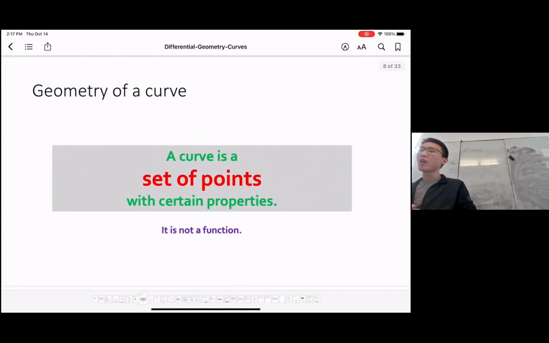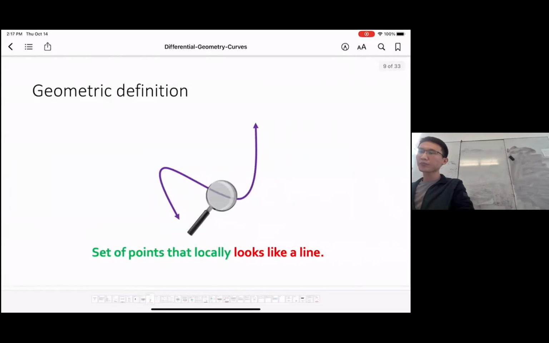A very intuitive idea of what a curve is is a set of points. Just to remind you, we're not saying it's a function, but we're saying it is a set of points. But rather than just saying this, we need some further properties of this curve.